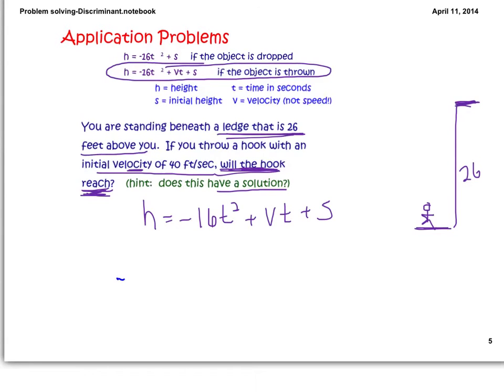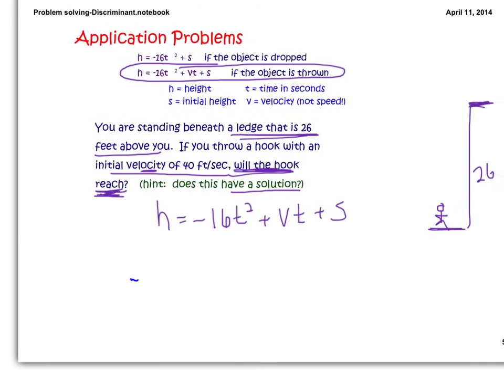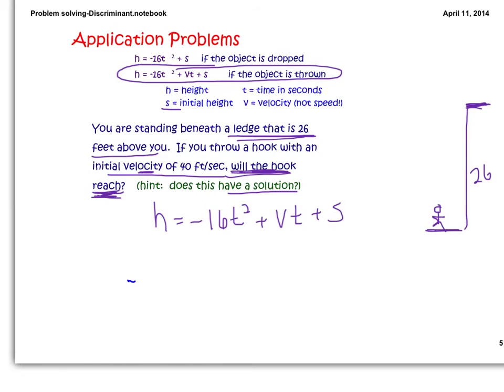Our initial height, where we're beginning, is 0 because we're way down here at 0. So our initial height is 0. Where we want to end up is 26 feet above us. So remember, the s is the initial height. The h is where we want to end up.